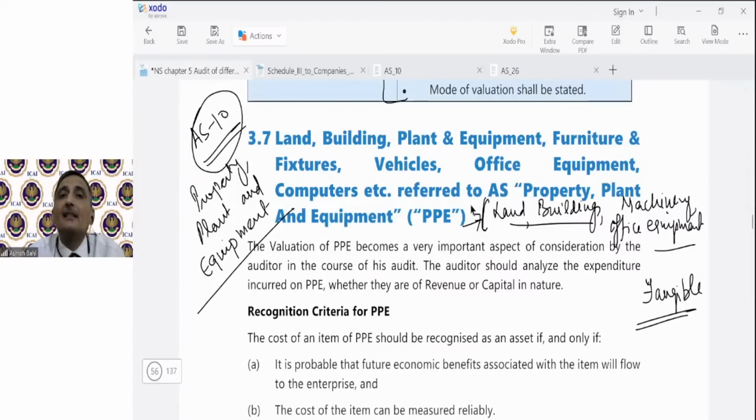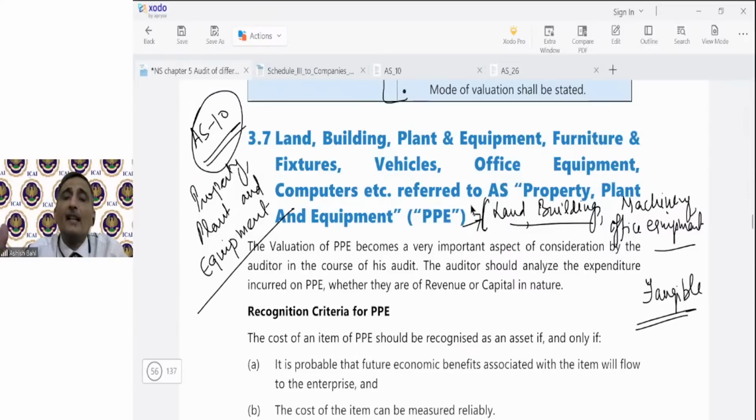Number three, these are held for a period of more than 12 months. Okay, because this is the basic distinction between a current asset and a non-current asset.